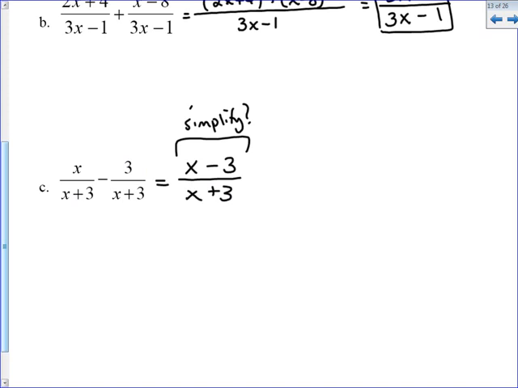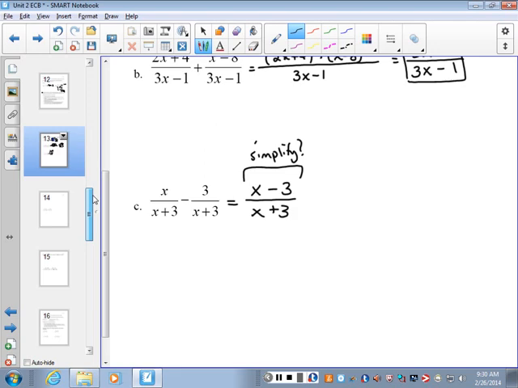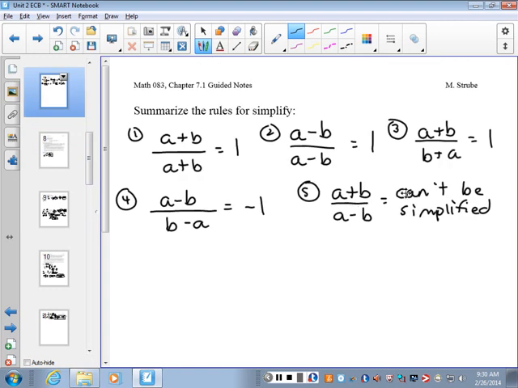Kevin, what do you think? Can I simplify? Yes or no? You're going to go with no. Gary, yes or no? Why not? Can't simplify if they don't have the same sign. So whenever you go to simplify, we had that, let's just go back. This guy right here, well, one's addition, one's subtraction, can't be simplified.